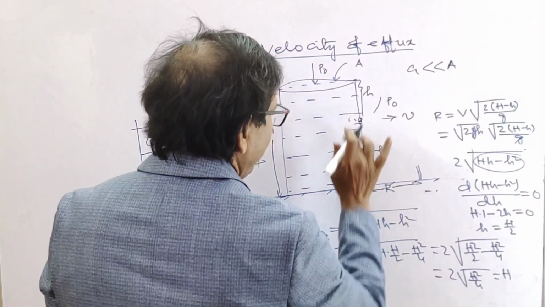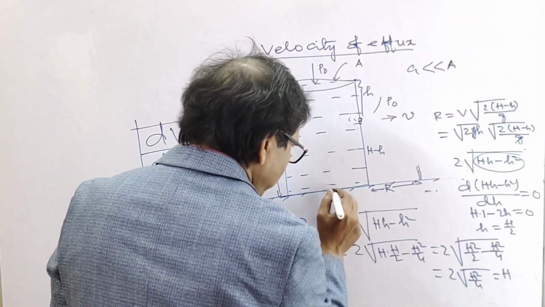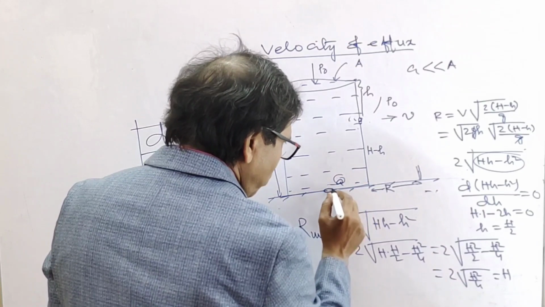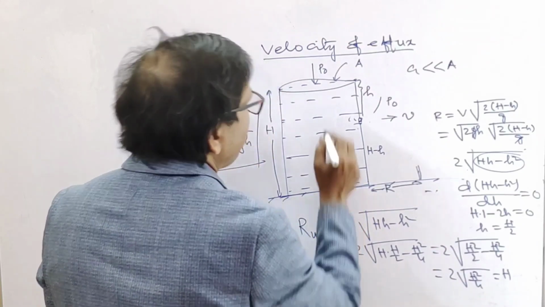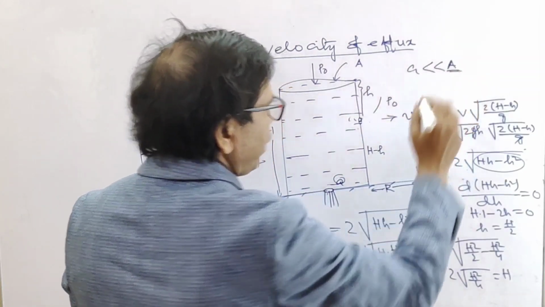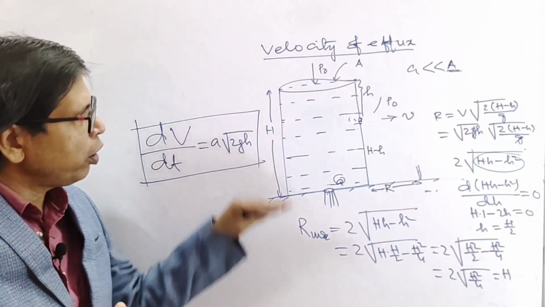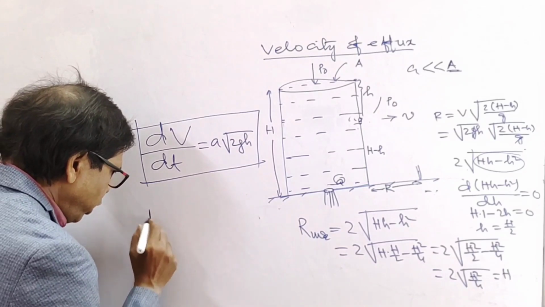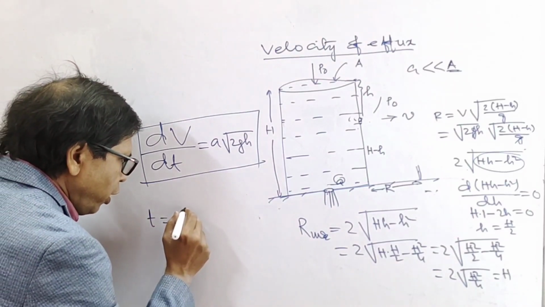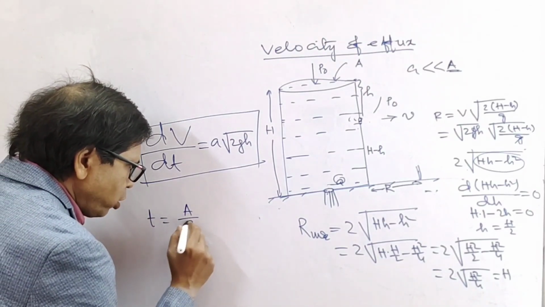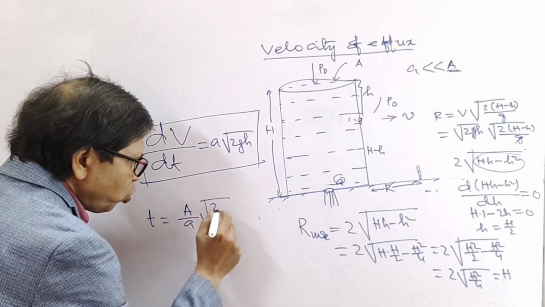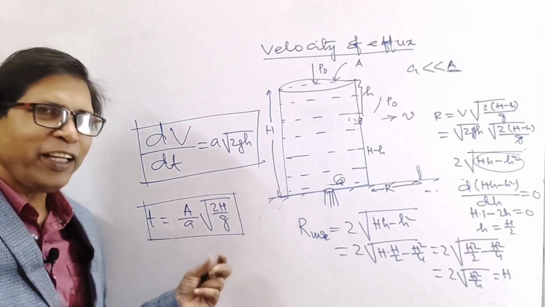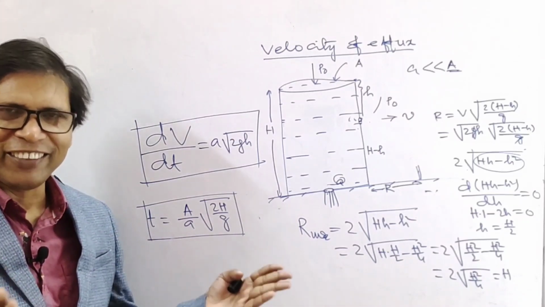Suppose this hole is at the bottom of the cylinder and the area of cross section of this hole is small a in comparison with area of cross section A. Then time taken to empty the cylinder is t equals capital A by small a root under of 2h by g. Okay, this is also a very important relation for you.